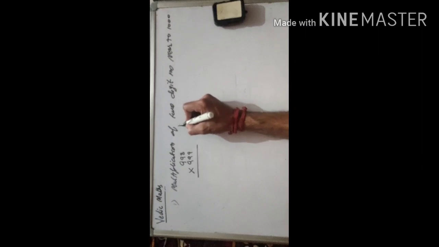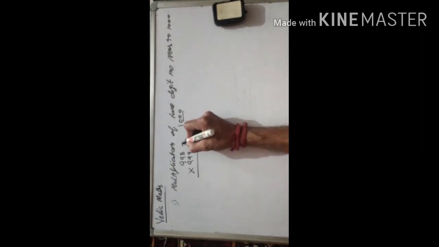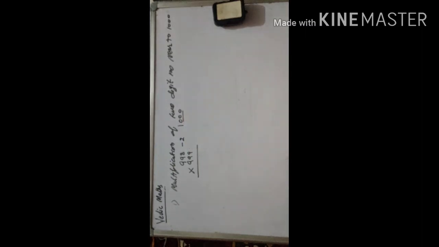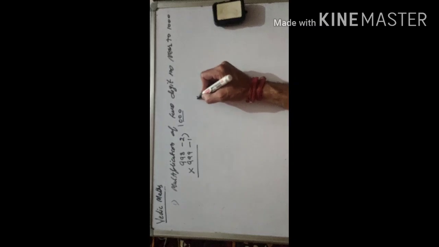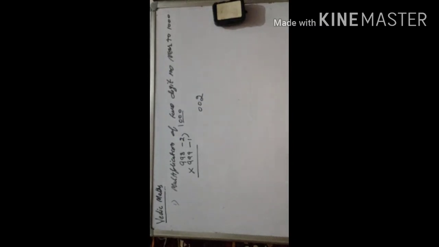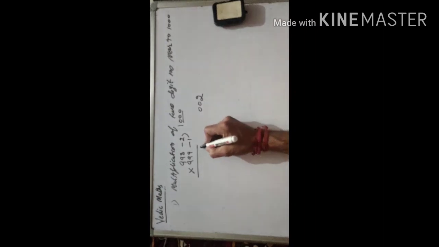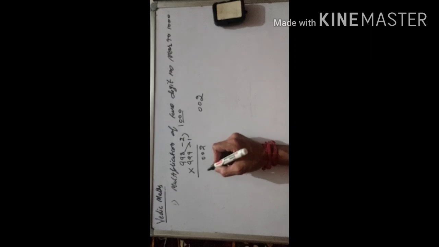Again base is 1000, 3 zeros here. Now this is minus 2. It is 2 less than 1000 and this is 1 less than 1000. Multiply these two, the answer is 2, but base is 1000. We have to put 2 zeros here because we have to make it a 3-digit number. 002. 998 minus 1 is 997.